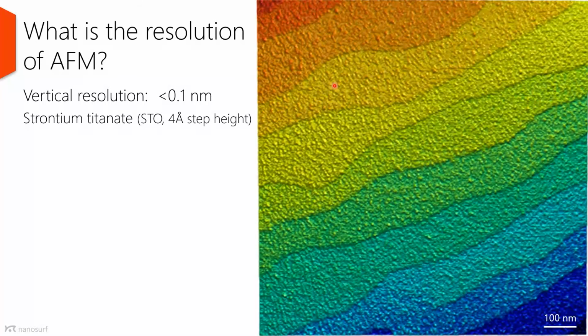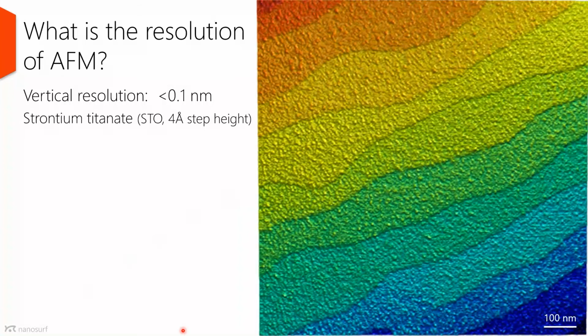The example here shows an AFM topography of a strontium titanate crystal, and we see that there are layers in this crystal, and the height difference between these layers is a unit cell of the crystal, which corresponds to 4 angstrom height difference. We also see that there is substructure on top of each of these layers.